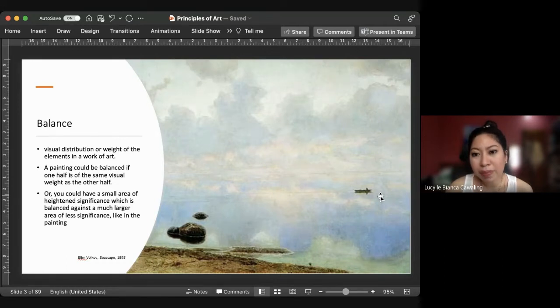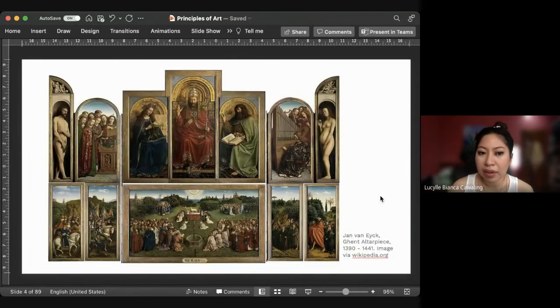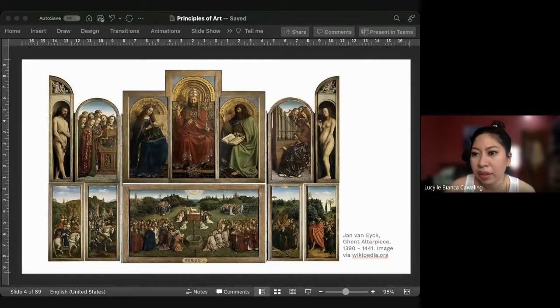The symmetrical balance is when you cut it in half, like this one. When you cut it in half, it's symmetrical. Nala, I'm going to mute you, okay? Okay, thank you. So if you cut it in half, the left side will mirror the right side. So it is symmetrical balance.